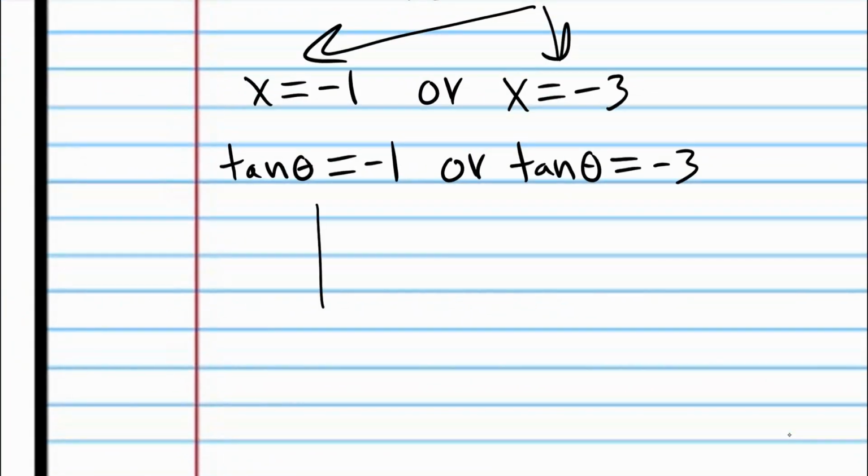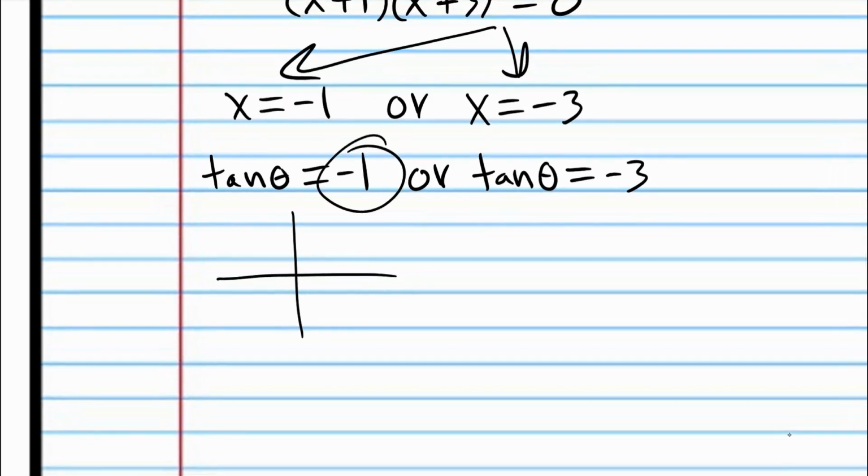So you may recognize tangent theta equals -1 as -x over x. So that's a 45, 45, 90 triangle. We don't need a calculator for that. And it's negative, which means that our solutions have to be in the second quadrant or the fourth quadrant. And again, the reference angle is 45. So in both these triangles, the reference angles are 45.